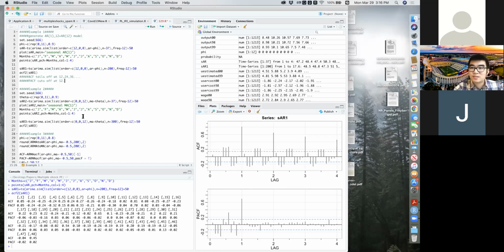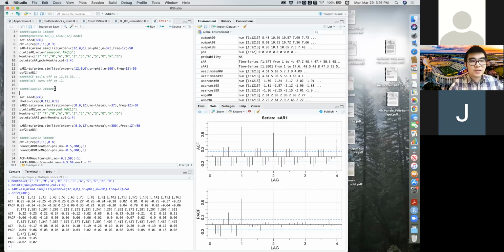Now let's talk about an MA112 model. In this MA112 model, the first 11 coefficients of the MA part are equal to 0, and coefficient number 12 is not equal to 0.